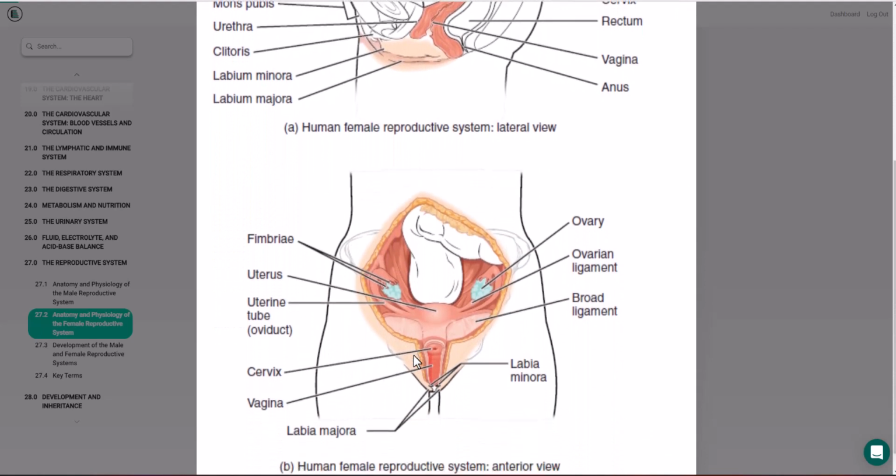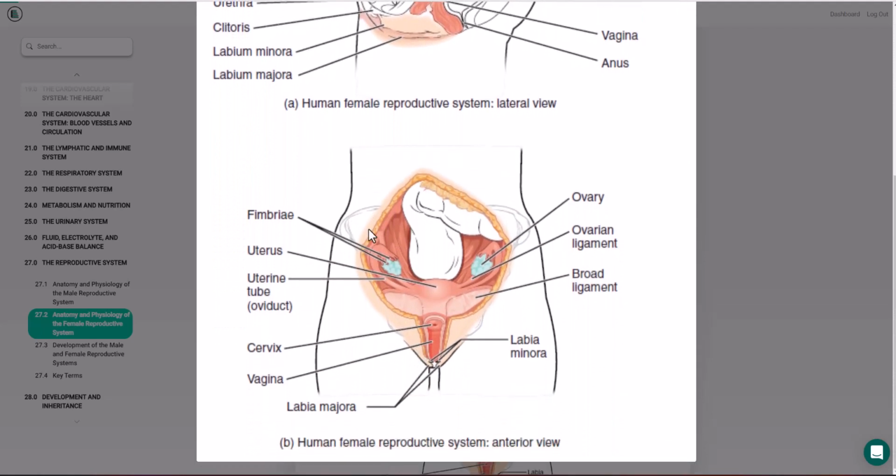If we take a look at the female reproductive system from an anterior view, again, the labia are the external structures, then the vagina, then we see the cervix, which is smooth muscle and is usually restricted, closed. Once you get past the cervix, you're up into the uterus.